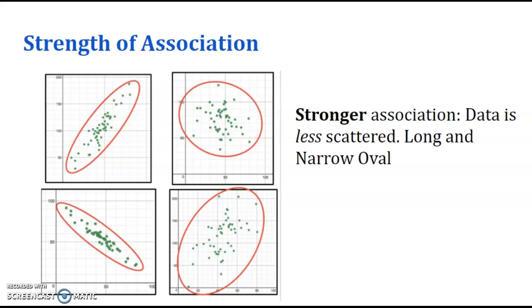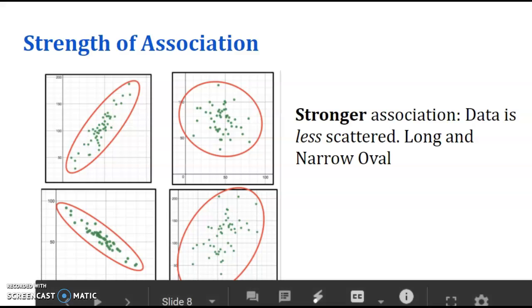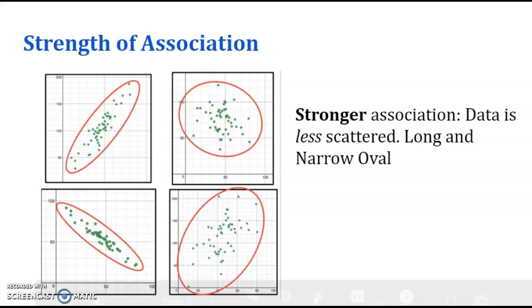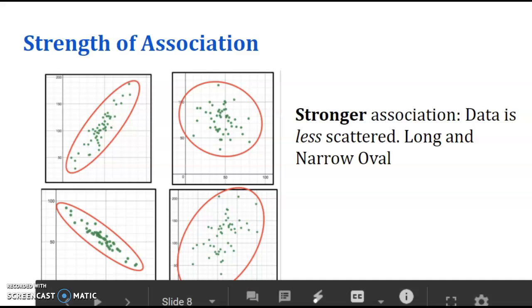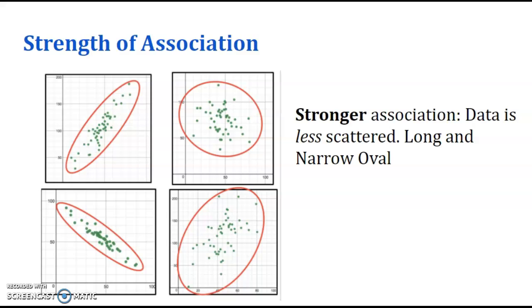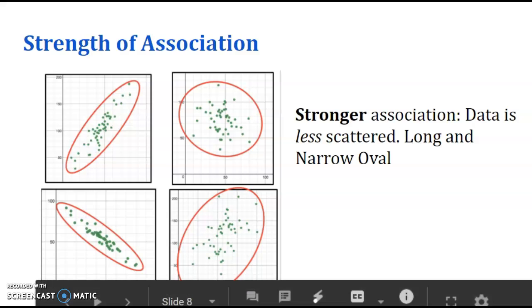Then let's summarize what we figured out. The stronger the association, the less scattered the data. Here the data are more scattered everywhere, while the first and the third are more clustered around, say, a straight line, right? So this one has a strong association, this one has strong association, while the second and the fourth one have weak association.